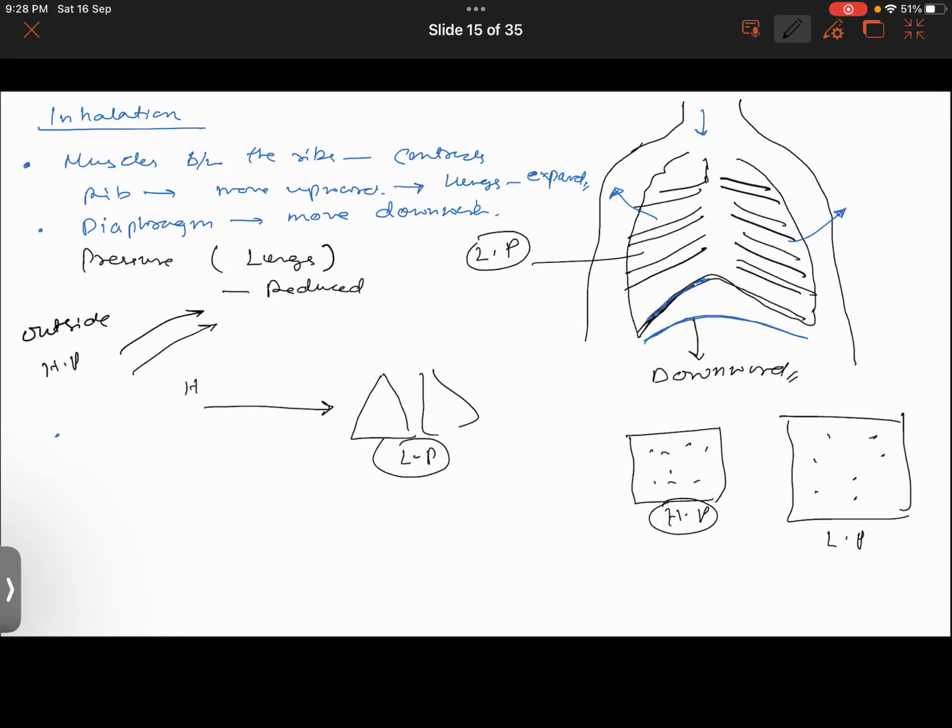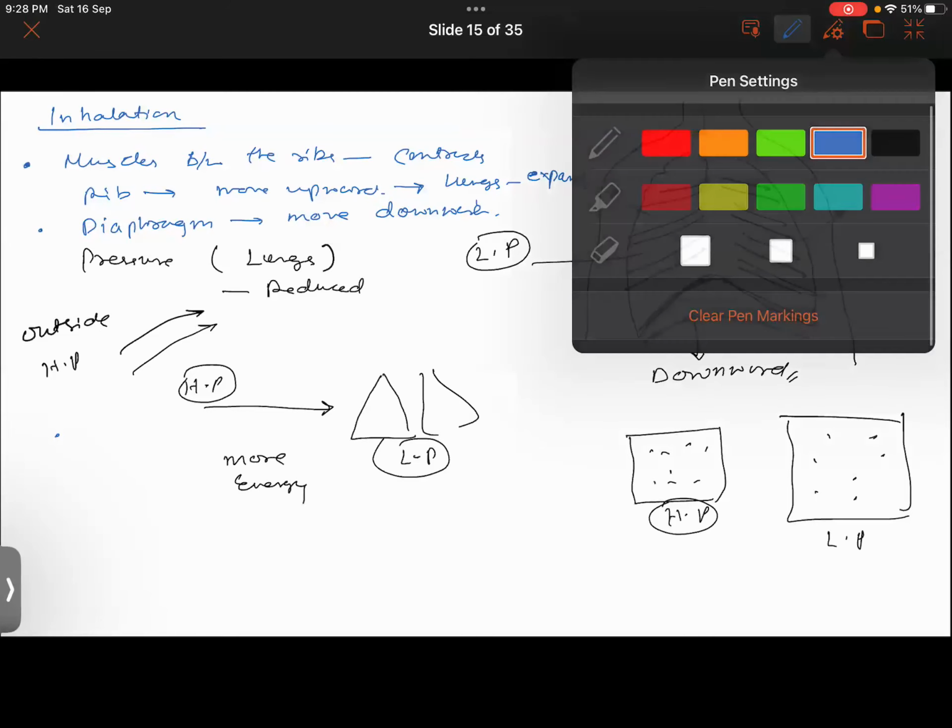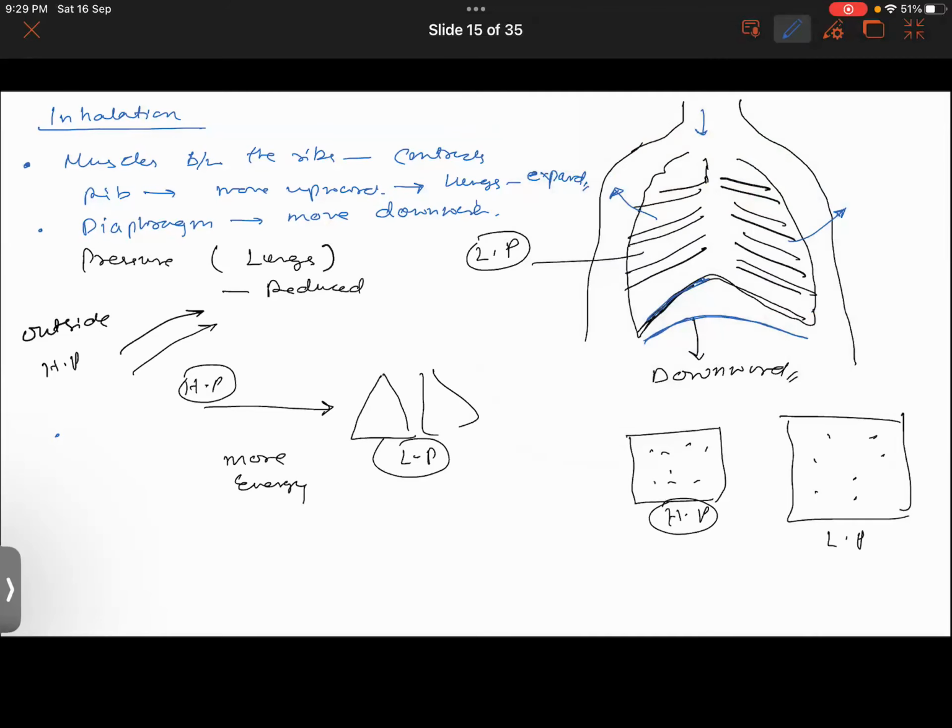Now you need to take air from a region of higher pressure to the lower pressure region. So you need to put some energy. Getting it now? Yes, sir. Because you are applying energy to take in air from a region of high pressure to lower pressure, while just the opposite happens in the case of expiration. Is that clear? Yes, sir. Now I get it.